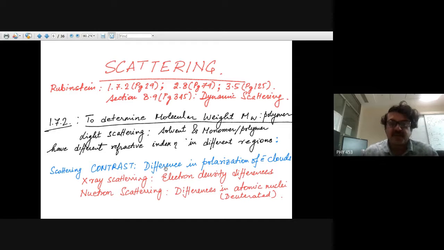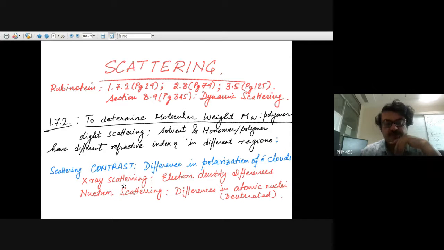Now, if you're talking about light, the origin of the scattering contrast essentially comes from the different polarization of the electron clouds in the parts where there's pure solvent and where there is solute. But when you're looking at a polymer, you could be looking at different length scales. You could even be looking at how a monomer or a segment of the chain is moving at the nanometer length scale, and you can't investigate that using visible light.